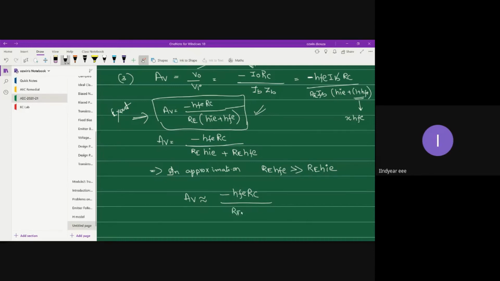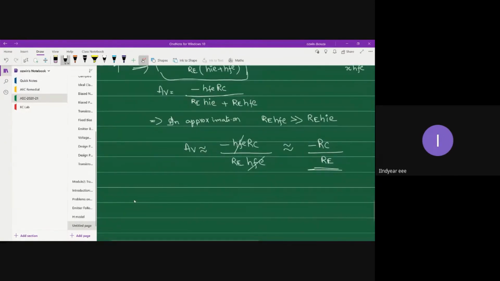So HFE gets cancelled. An approximate, crude expression for voltage gain is going to be the resistance ratio RC by RE. So that's your voltage gain.